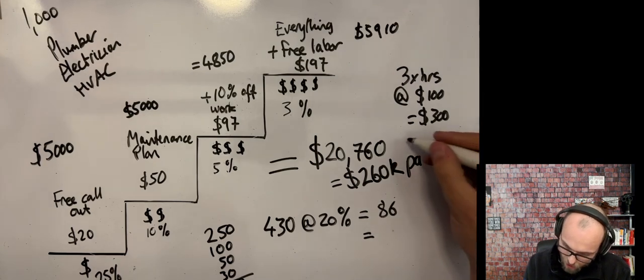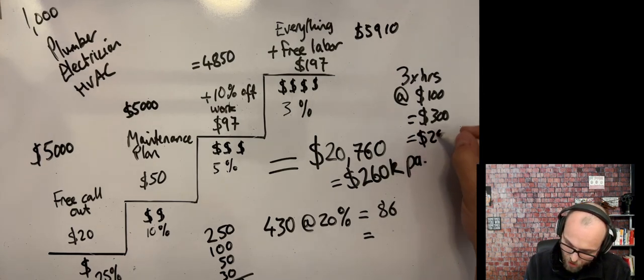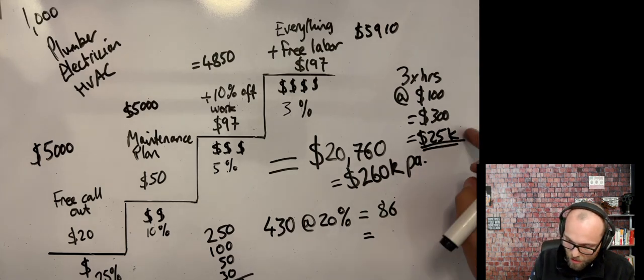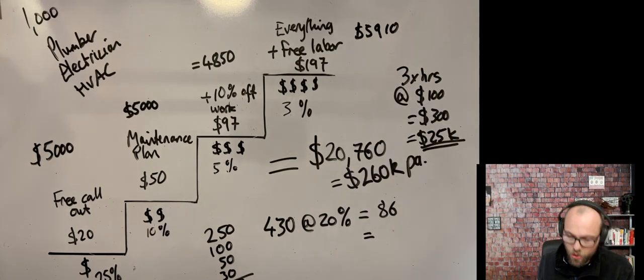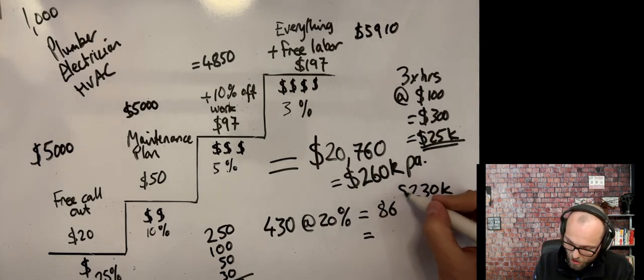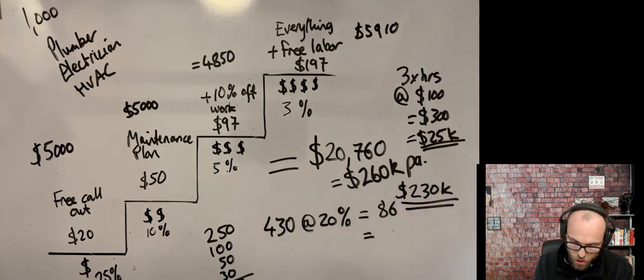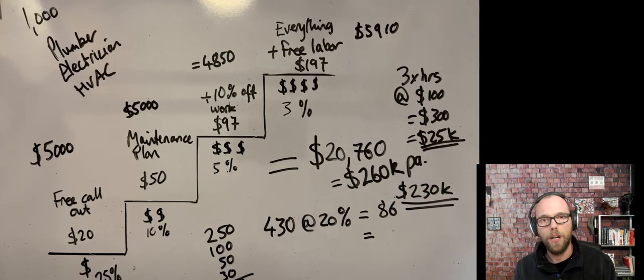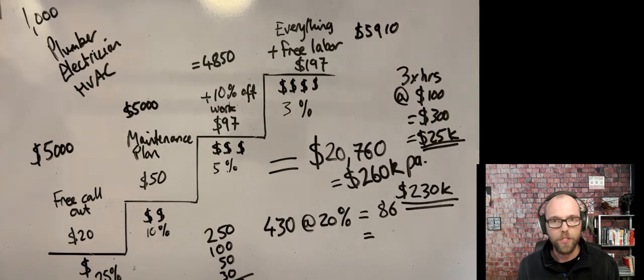That is going to equal 25,000 of labour charges for the year that you would normally charge, but you get 260,000 instead. So you're going to make somewhere to the tune of about $230,000 extra for zero extra work, just offering something like this.